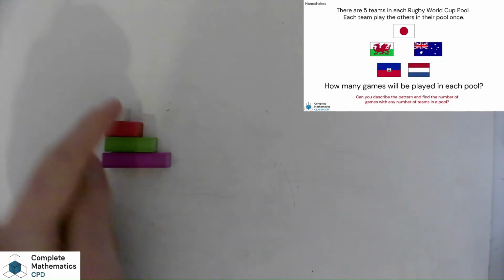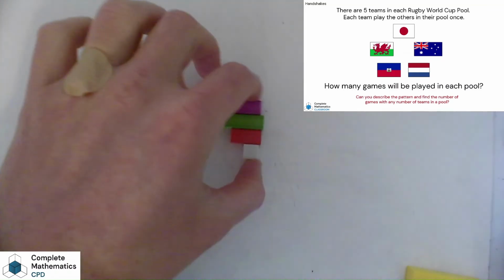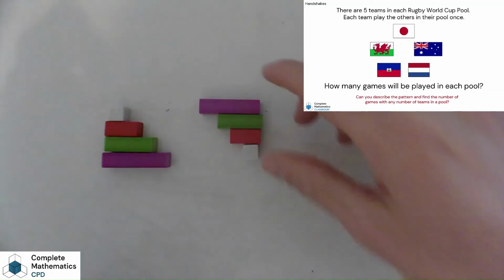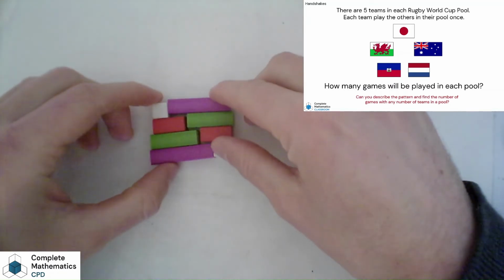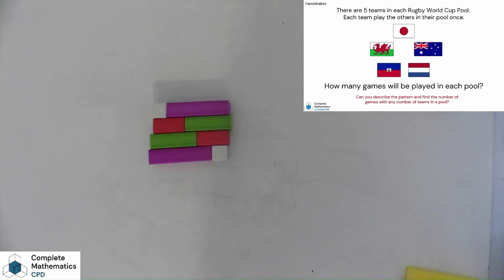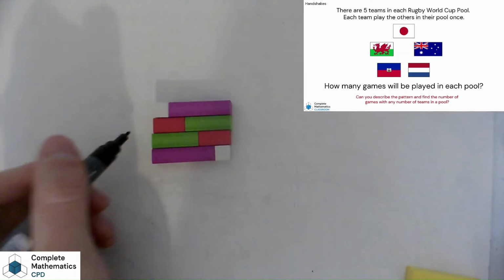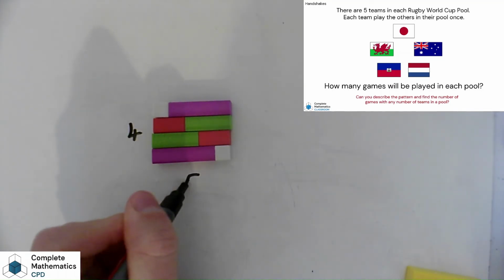And crucially, you can see this triangle number forming. Now, the great thing about triangle numbers is that you can always make another copy of the triangle number and rotate it, and then slot them together to form a rectangle. Now, the dimensions of this rectangle, in this case, is 4 by 5.